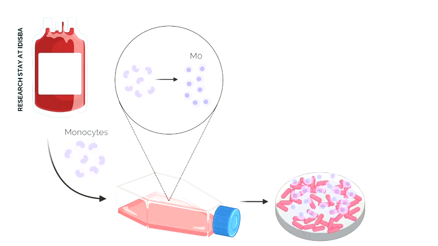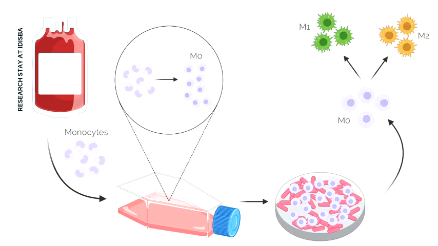Then we wanted to seed those macrophages on our surfaces that I brought with me from Oslo. And then we want to investigate whether these M0 macrophages differentiate into pro-inflammatory or anti-inflammatory macrophages. So we want to assess it, as I showed you at the beginning. Tissue integration involves macrophages.